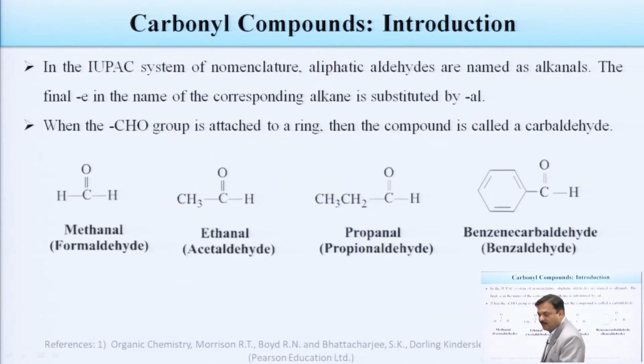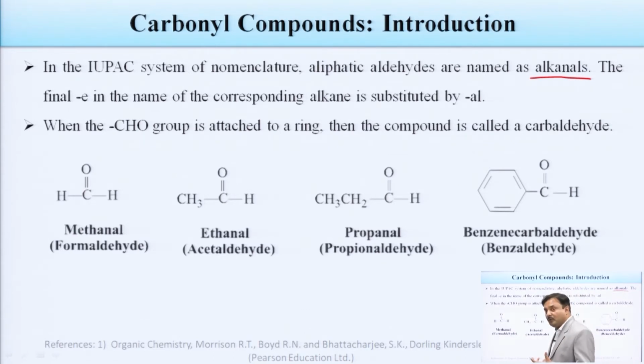Now, in the IUPAC system, the nomenclature of aliphatic aldehydes is alkanals, derived from normal hydrocarbons. Suppose we are talking about alkanes.